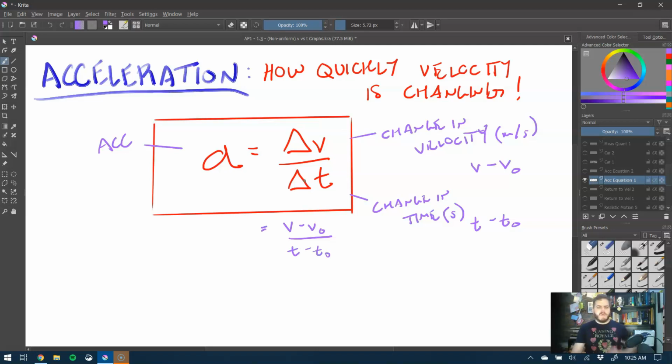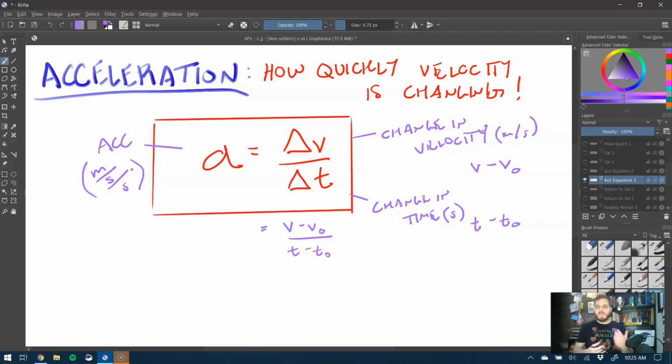Now let's talk though about what exactly the units of acceleration are going to be. Well, I have meters per second divided by seconds, so the units are really meters per second per second, which sounds a little awkward, but what we're saying is how many meters per second is the velocity changing each second.